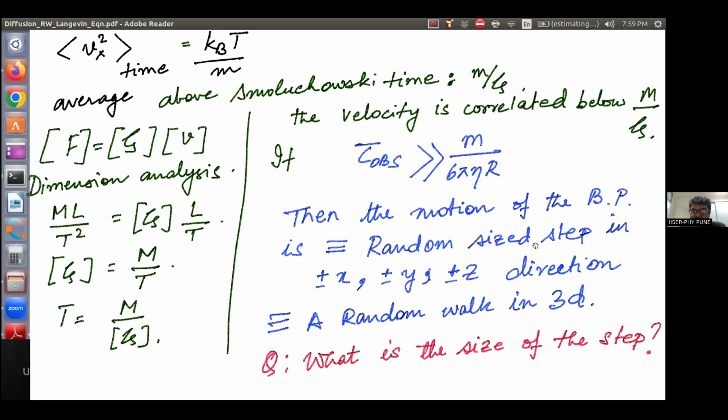It's a random size step in plus x, plus y, plus minus z direction. That's so reminiscent of a random walk, right? It's like a random walk in 3D. Except when we discussed random walk, all the steps were of equal size.